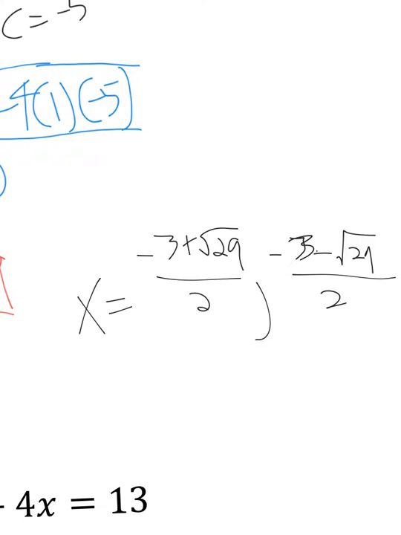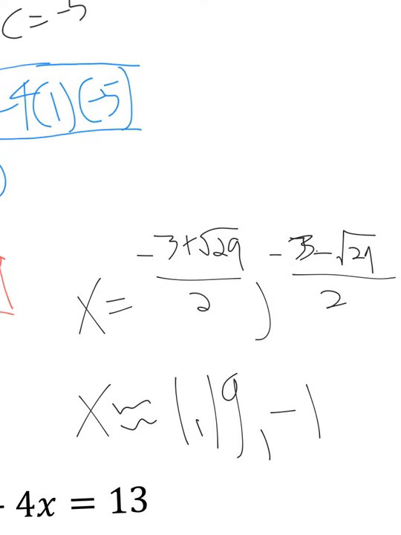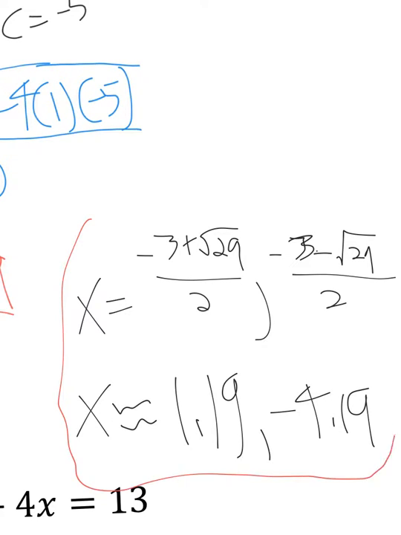And then you could type that in individually. So x is approximately, the one on the left is about 1.19, and the one on the right is about negative 4.19. So yeah, sometimes you see it written in decimal form, but either one of these is acceptable.